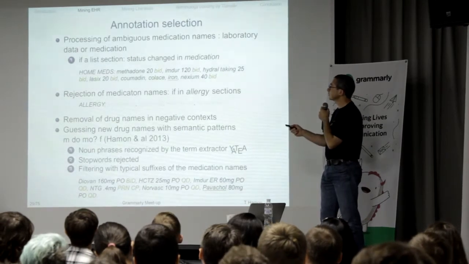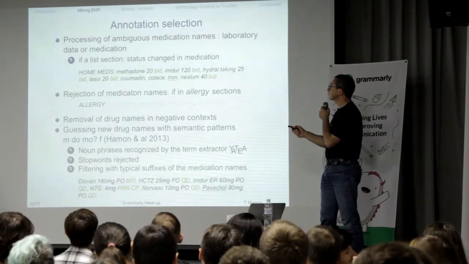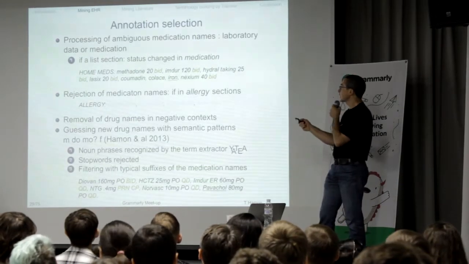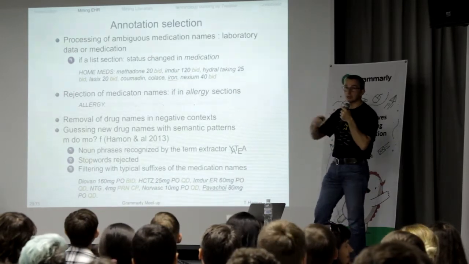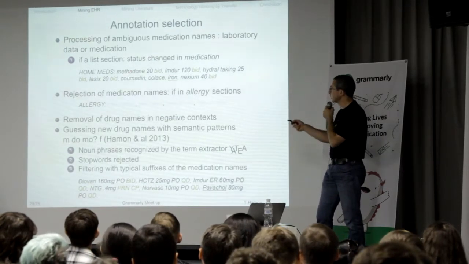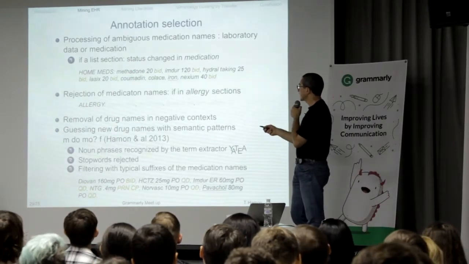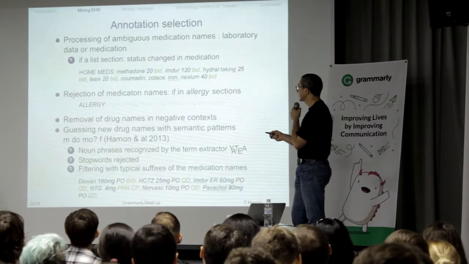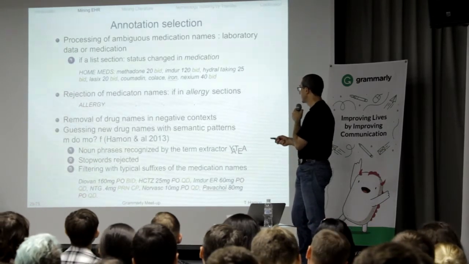If it is in a section related to medication, we consider that iron is a medication. If the section is laboratory data, in that case, we don't consider it a medication. And also, like I said, we reject medication names when in the allergy section.